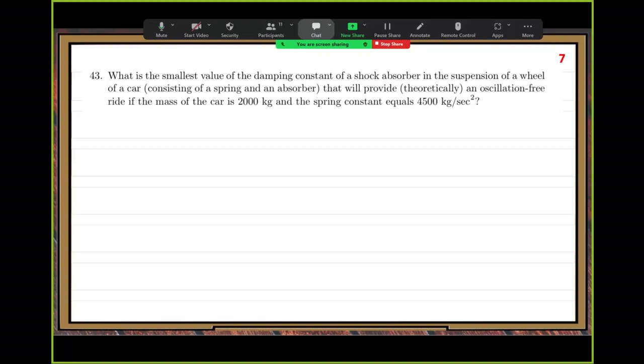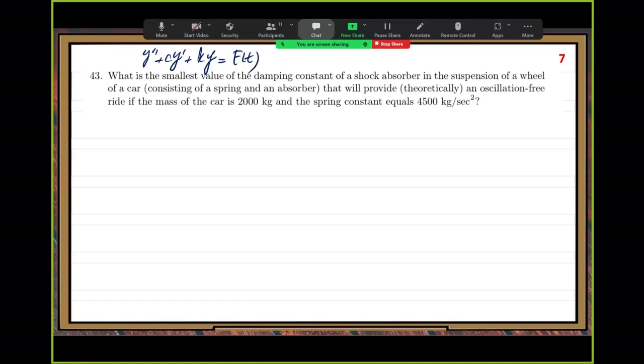Look at the question. What is the smallest value of the damping constant? Damping constant, that's C. Remember that. So here, we go back to the same equation of our mass spring system, Cy prime plus Ky equals f of t.